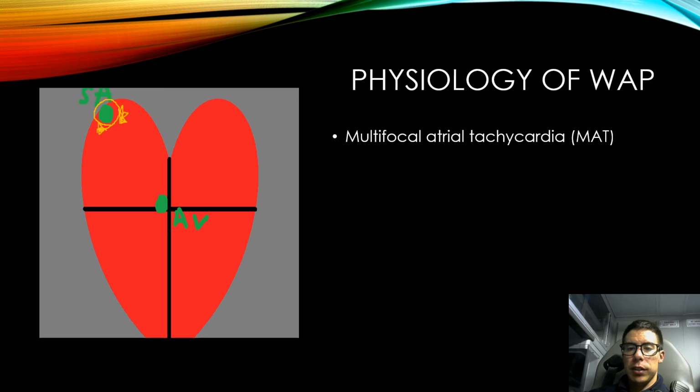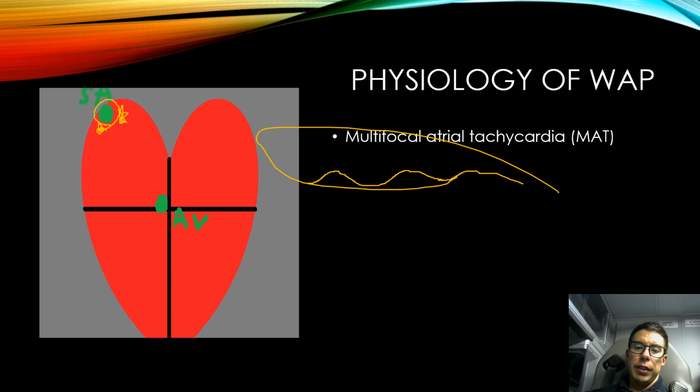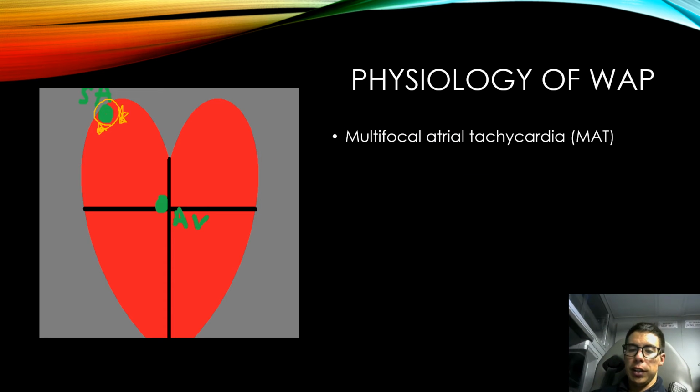So that is actually going to generate a fairly similar P wave to those of sinus P waves, because it's pretty close, and the whole shape of the P waves depends on where it is in the heart and what direction it has to go to depolarize the atria. So you may see that if it's really close to the sinoatrial node, although it's not a sinus rhythm.